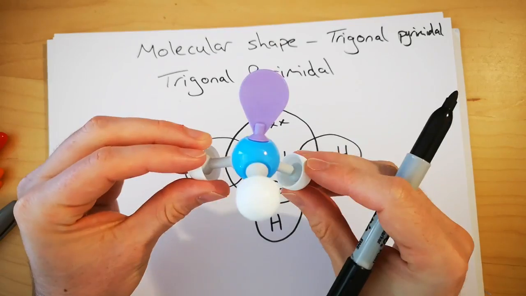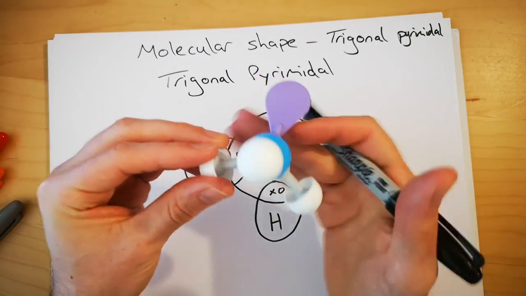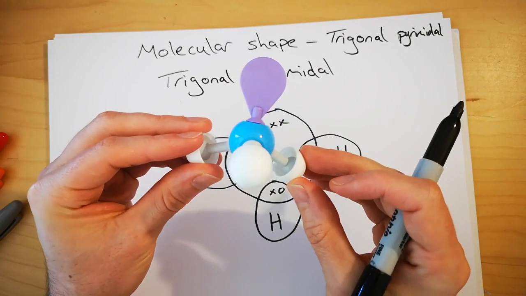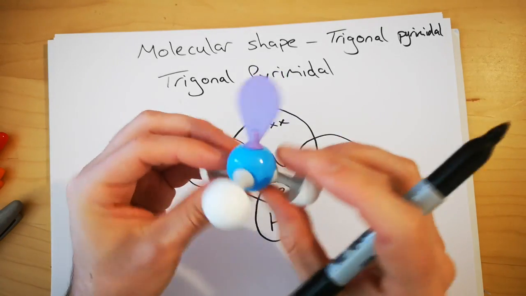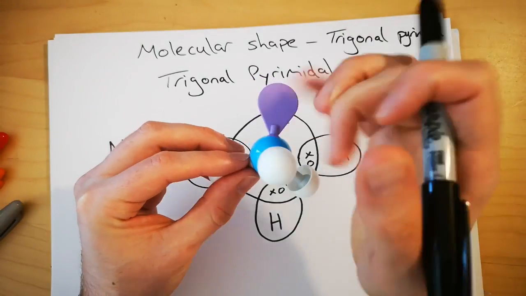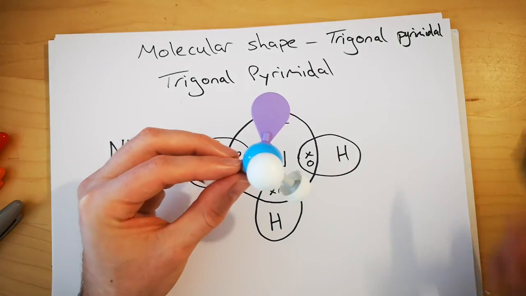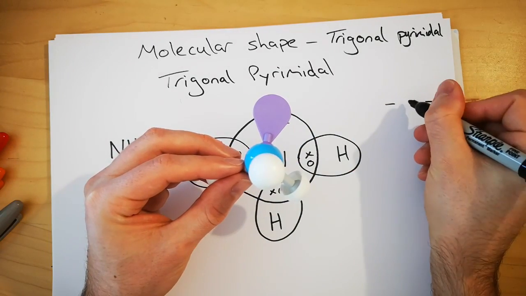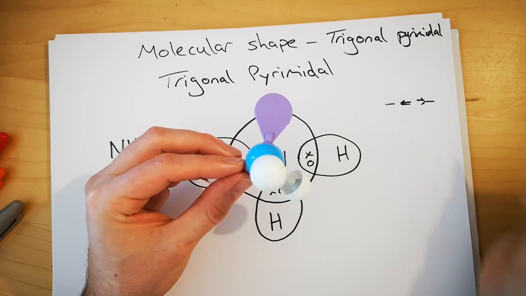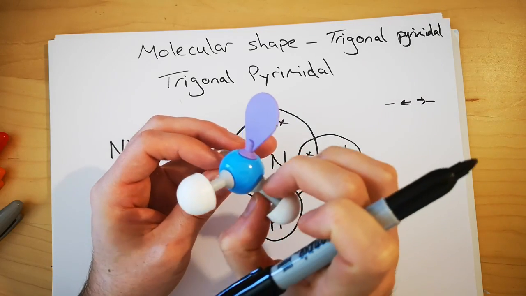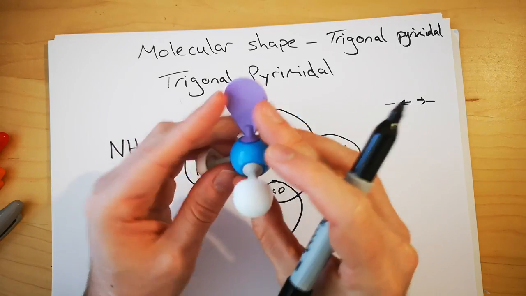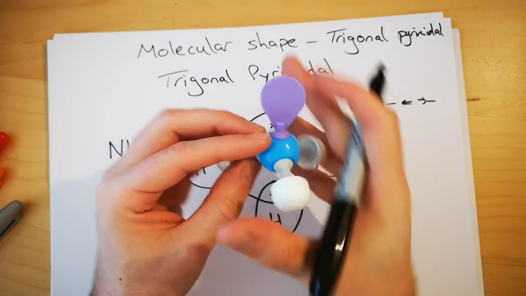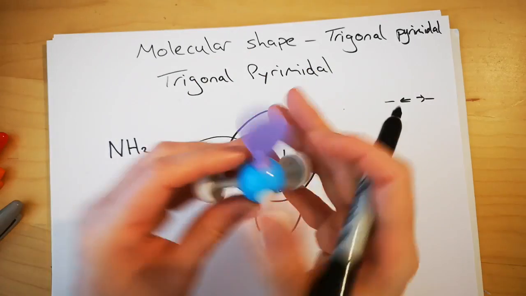What you'll also note is these are not coming flat out of the nitrogen. These are actually at an angle slightly away from that lone pair, and once again it's because those negative charges will try and repulse each other, and those bonds are actually a field of negative charge, and we've got a big negative charge up here. It's going to force our bond angle down the way.